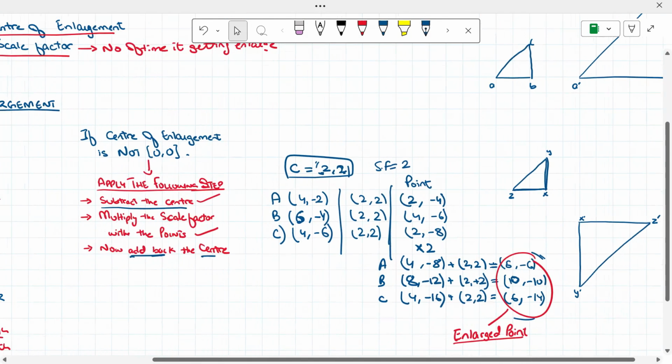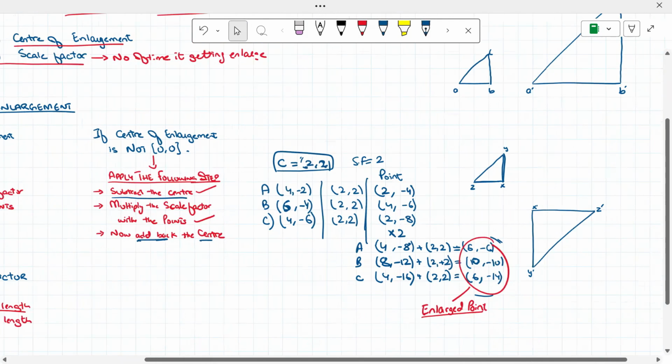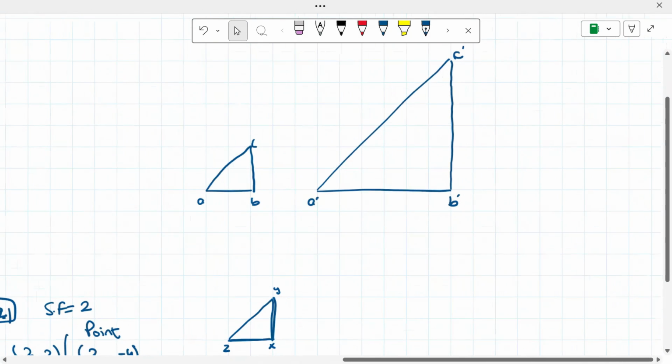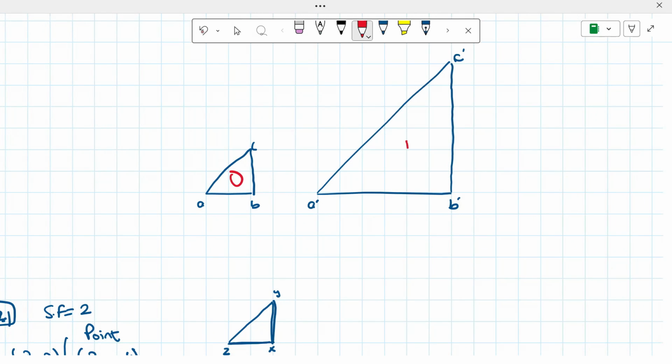Coming towards how we want to determine the center of enlargement. Okay, I have two examples over here. For example, I have a small triangle and a big triangle. The small triangle, let's consider this as our object. Let's mark it as O, and the big one is the image. Now, the first thing when describing an enlargement is that we have to find the center of enlargement.